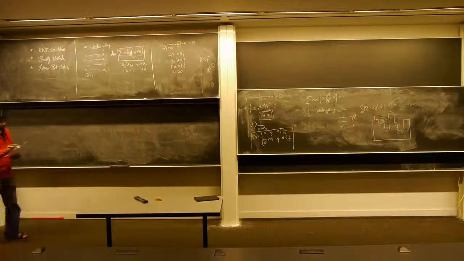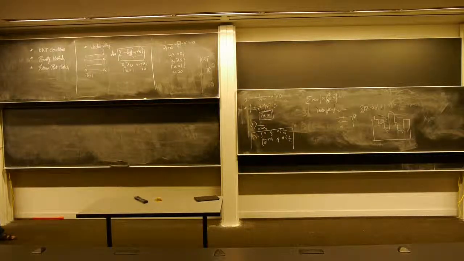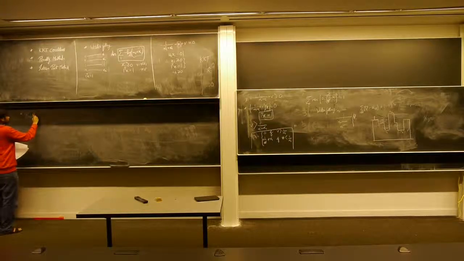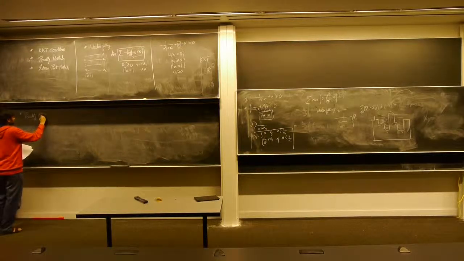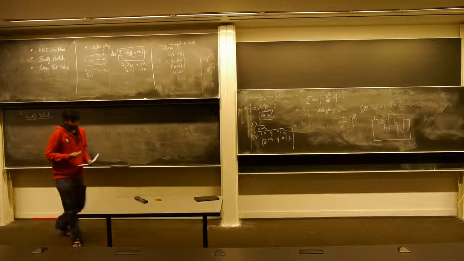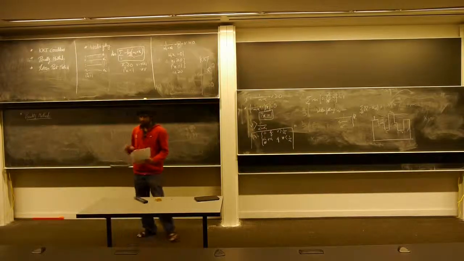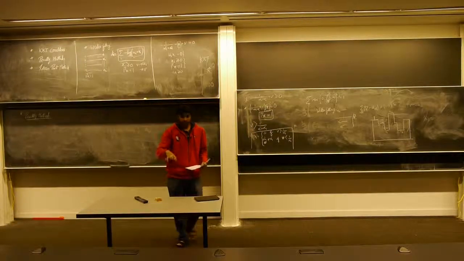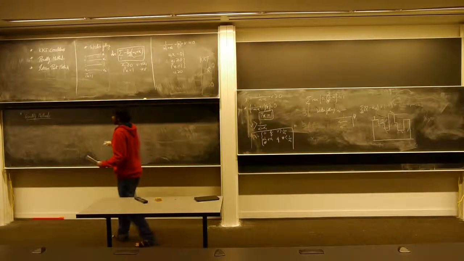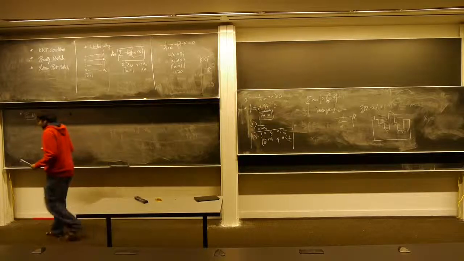Okay, so now let's talk about penalty methods. Now we have a good grasp of how to solve unconstrained problems, and the next step would be to do constrained problems.